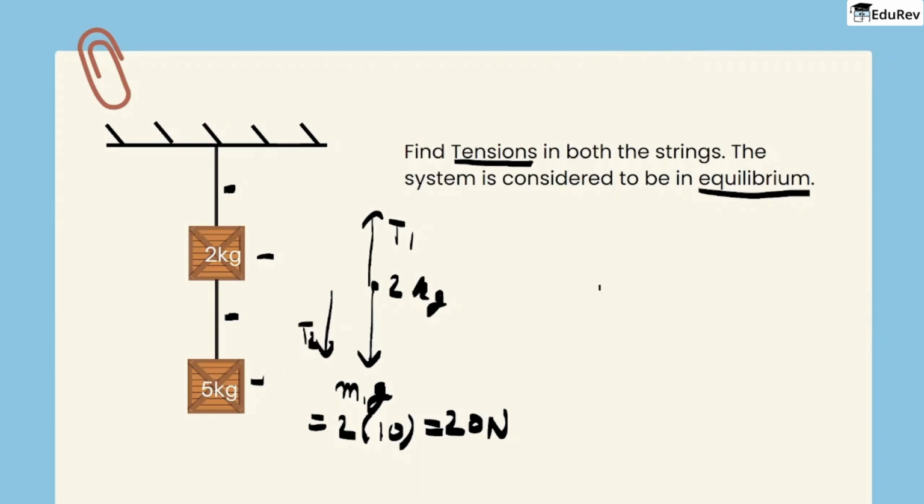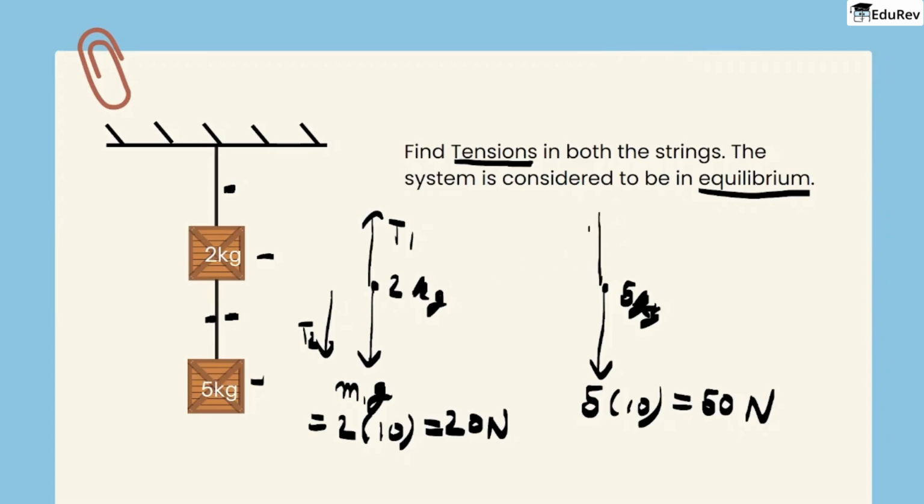For 5 kg, we make a point mass 5 kg and a downward force, which is the weight, which is 5 into 10, m into g, which is 50 newtons. A separate force by this string again, we get it as T2. So balancing out the forces, we get T2 is equal to 50 newtons.